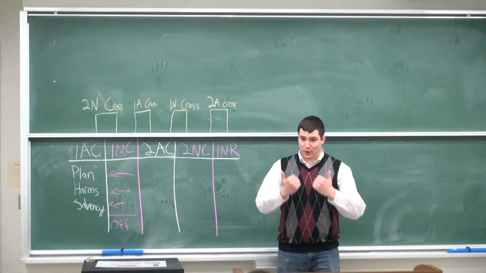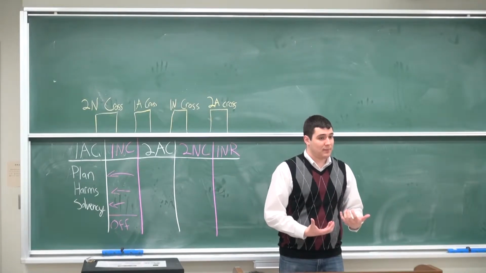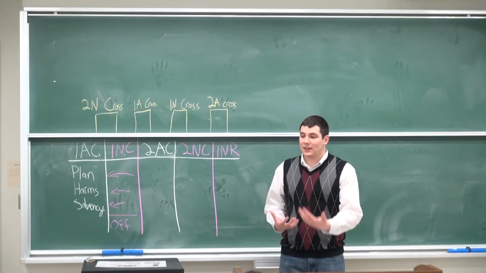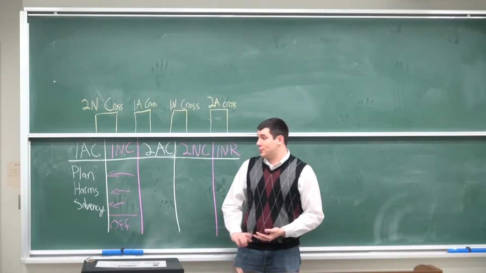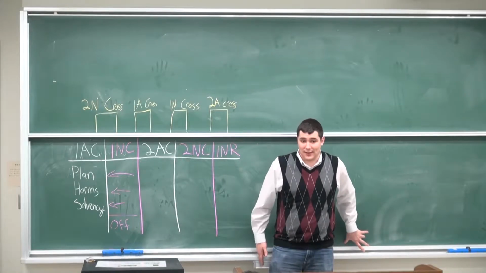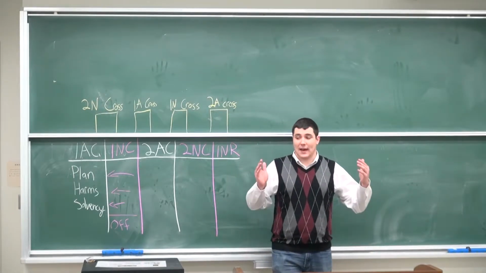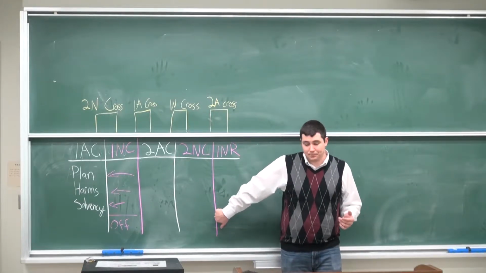They have this burden of proof, which can make things very difficult for the affirmative. So to try and make it a little bit more even, we give the affirmative team the opportunity to speak both first and last in the debate round, as you'll see. In order to make that possible, the negative has to speak twice in a row.